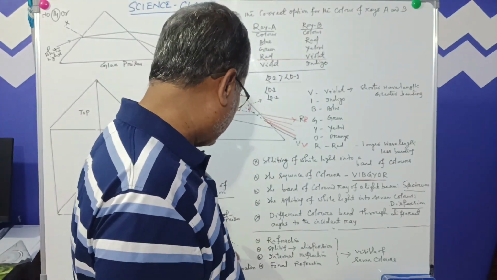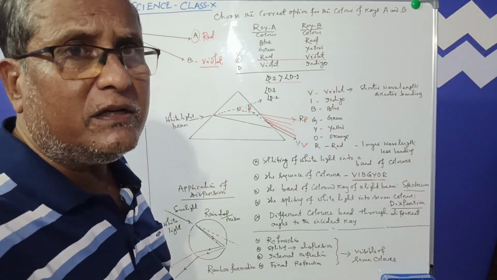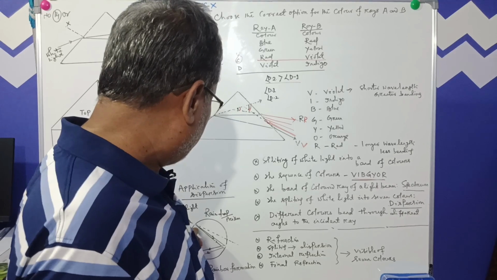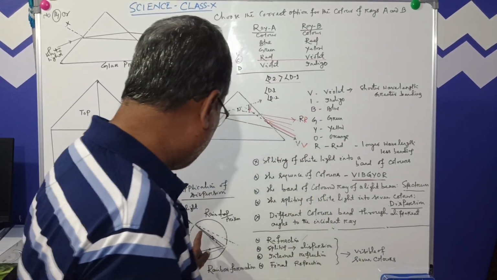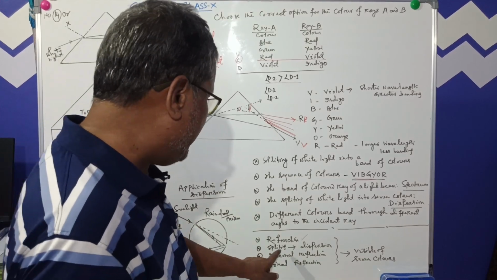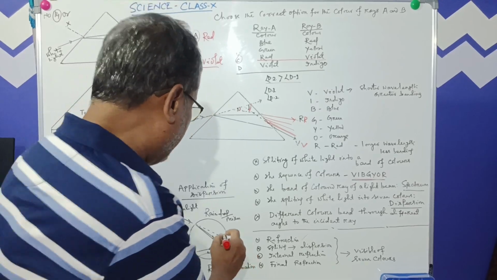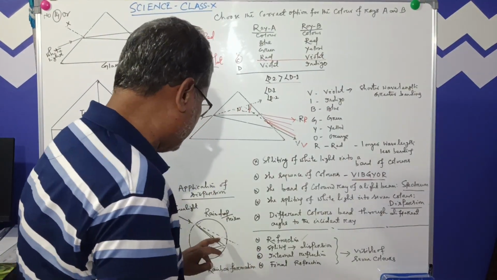First, refraction: at this point, the light enters from the rare medium into the denser medium. That is the first phenomenon. Then the splitting of light into a spectrum, a band of colors, is called dispersion.